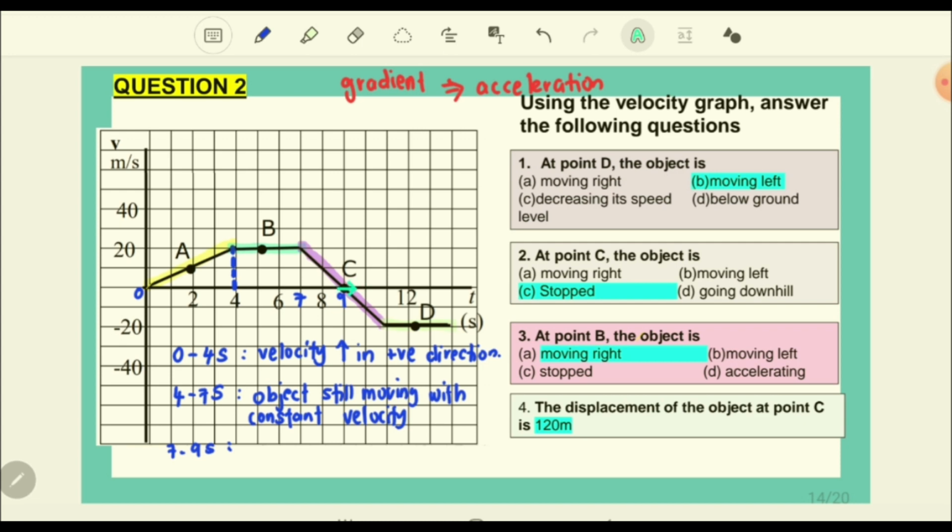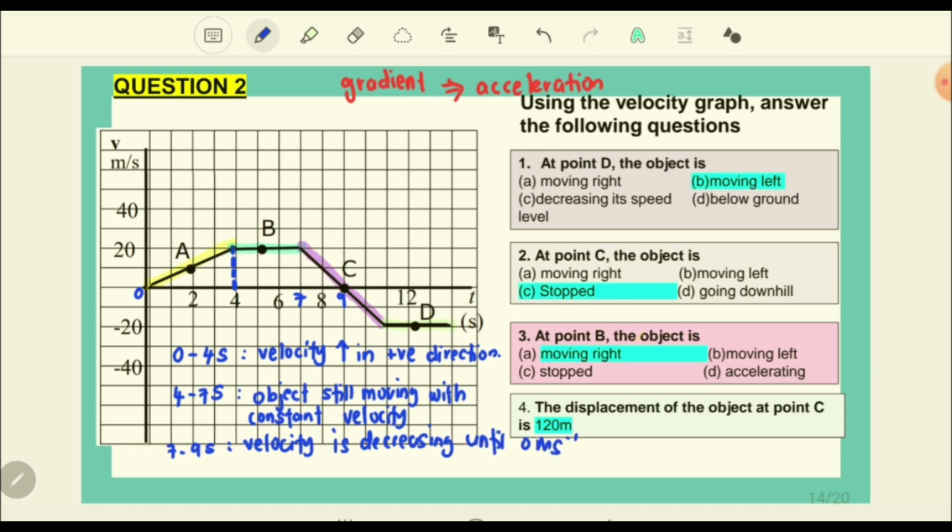It's still moving in the opposite direction with negative 20 meter per second. So from 7 to 9, the velocity is decreasing until 0 meter per second.